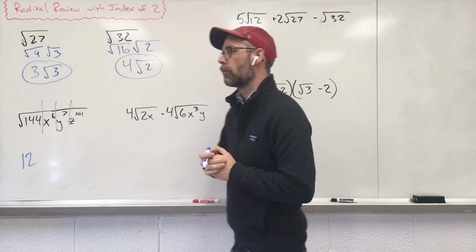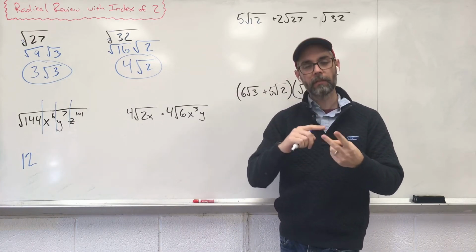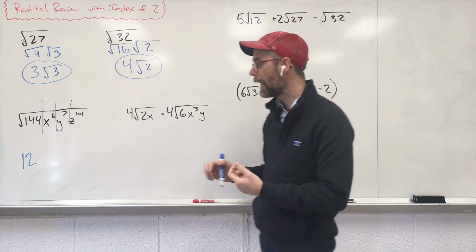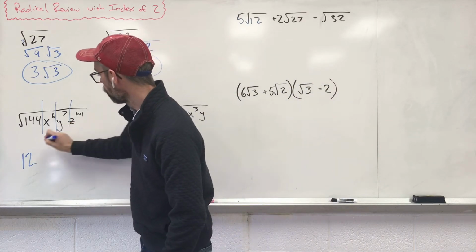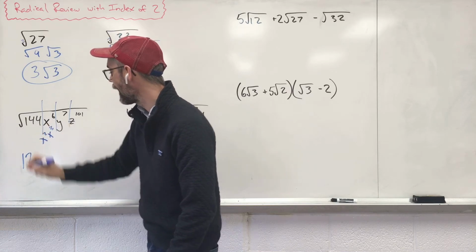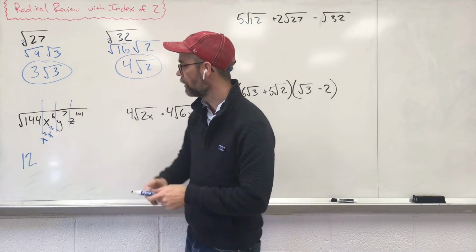X to the 6th power is a perfect square. I'm looking for something times itself. Now, what two things multiply together to give me that? Well, just remember, when we're dealing with exponents, we need to add the exponents together. So 3 plus 3 gives us 6.